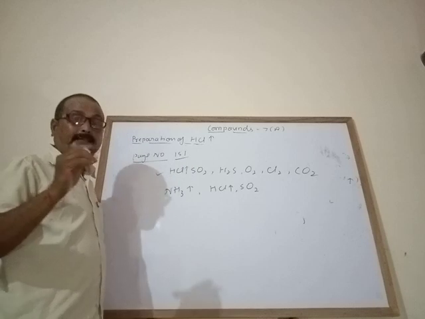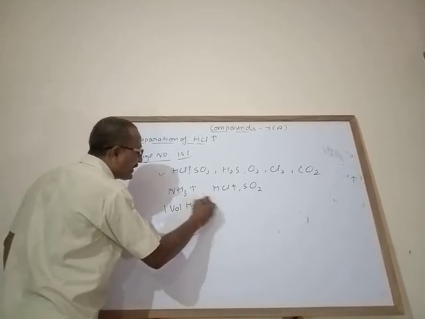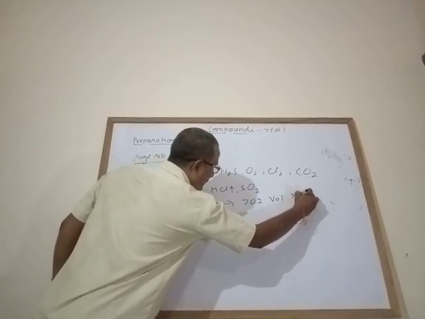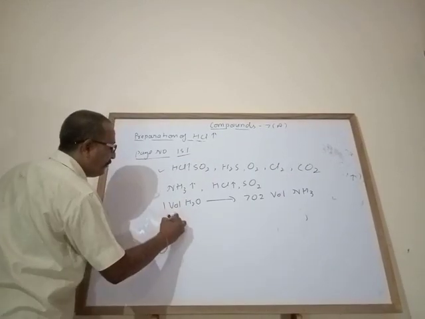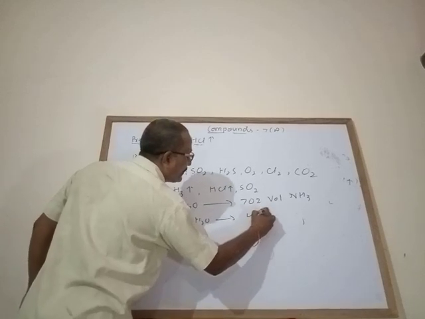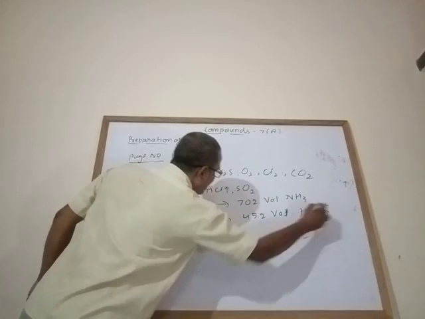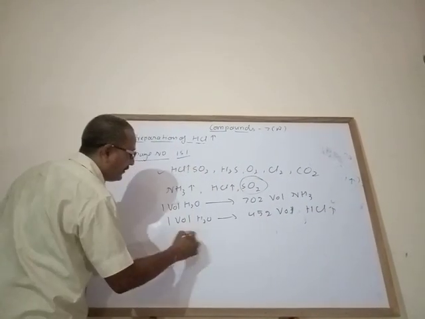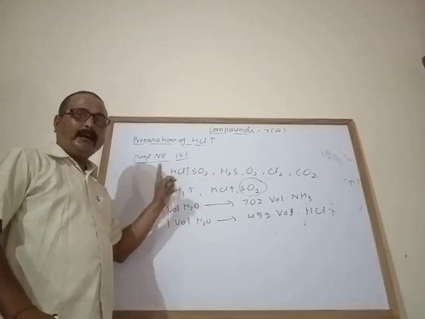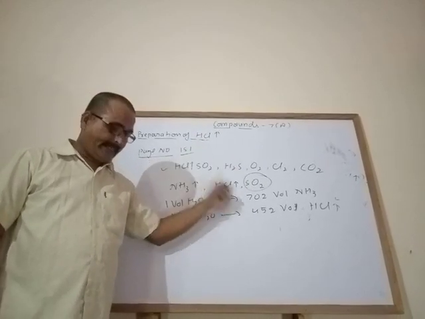I am saying highly, not only soluble: 1 volume of water can dissolve 702 volumes of ammonia, whereas 1 volume of water can dissolve 452 volumes of hydrogen chloride gas. Similarly, the third one is sulfur dioxide. Which is the most soluble? Ammonia, then hydrogen chloride gas, then sulfur dioxide gas.